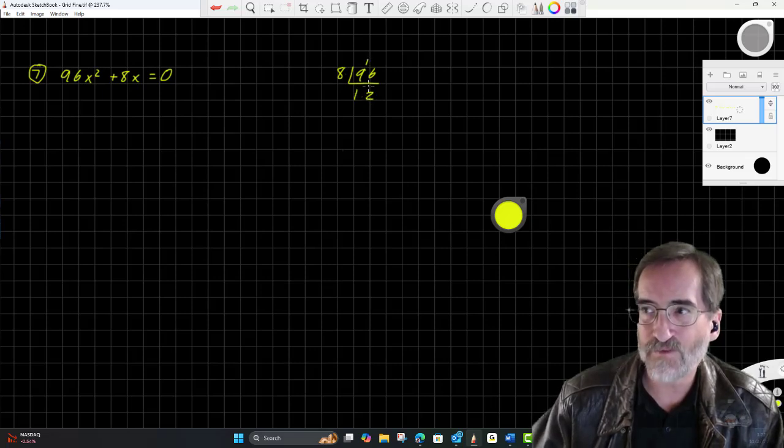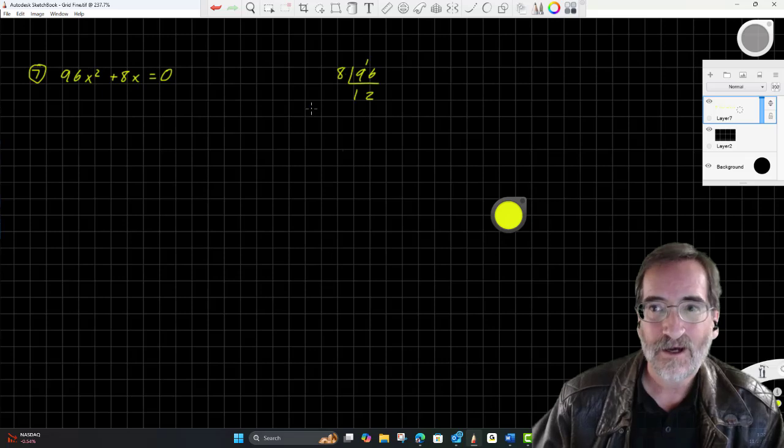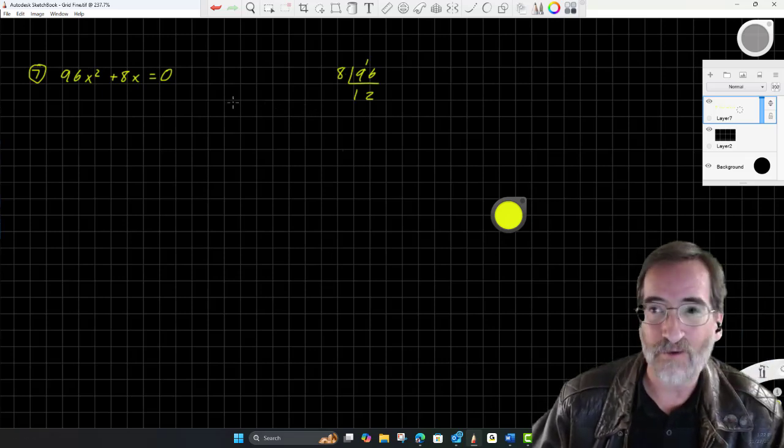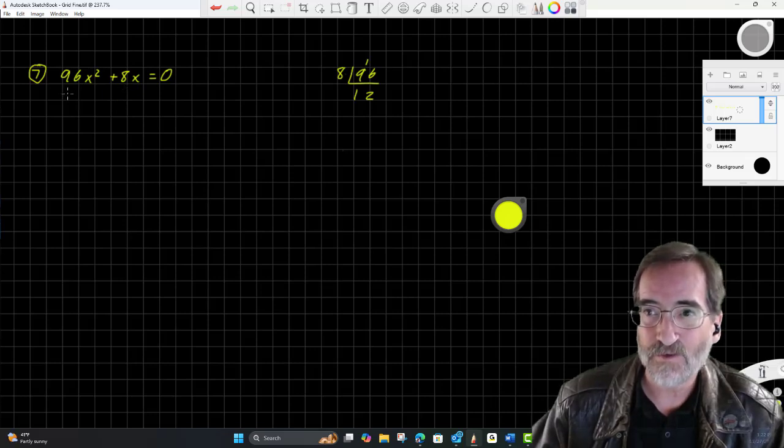So 8 times 12 is 96. You could also do the prime factorization and pull out any prime factors. But in this case, I'm just going to do it this way. I'm going to factor 8 out. I'm going to factor x out, because I know 8 goes into both 96 and 8, and then x is in both 96x squared and 8x.